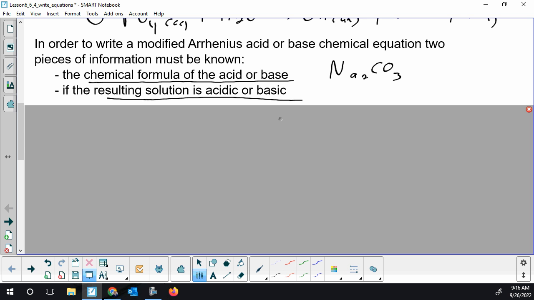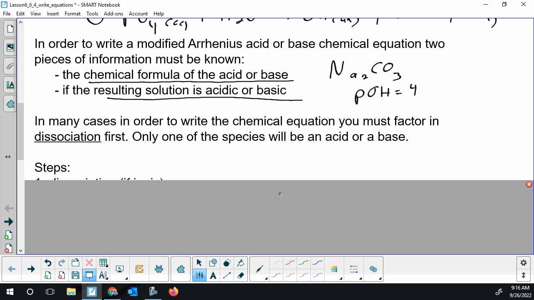So an example, I could give you that formula, and then tell you something about the pOH. And from that information, you should be able to break up that sodium carbonate, realize it's not the sodium, do something with the CO3 2-, pOH of 4 means the pH is 10, and a pH of 10 would be basic. So I'd expect you to write a basic modified Arrhenius equation.